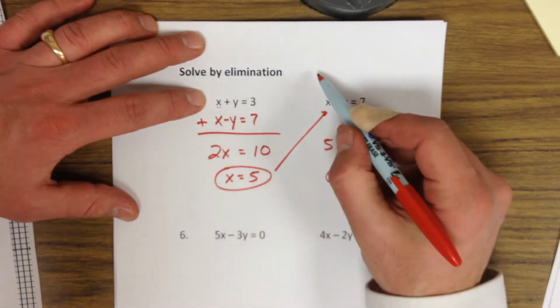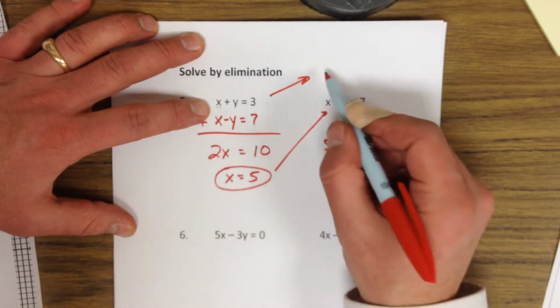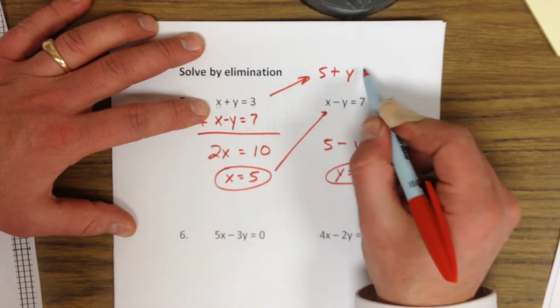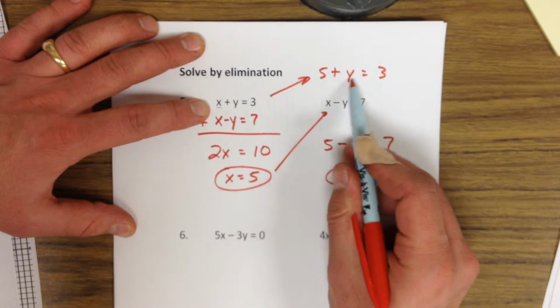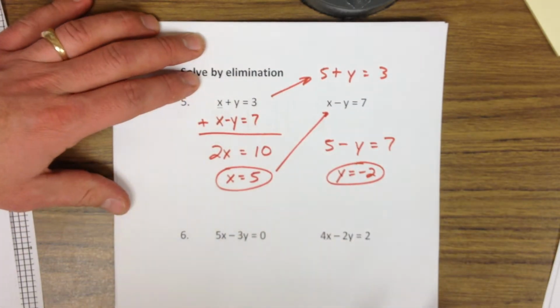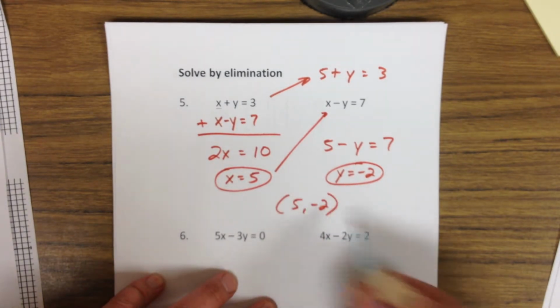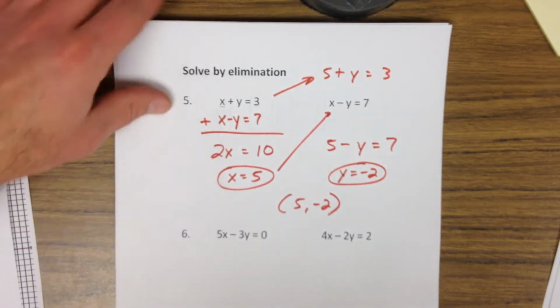It's probably easier if you plug it back into this one here. It would become 5 plus some number equals 3. 5 plus negative 2 equals 3. So either way, y equals negative 2. So my solution, you can put it in an ordered pair, is 5, negative 2.